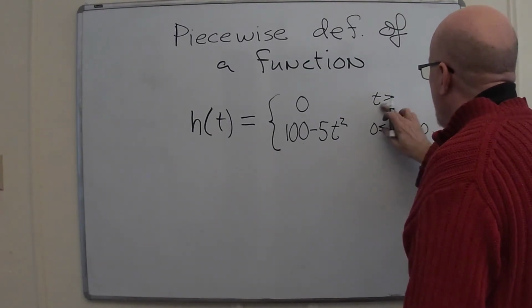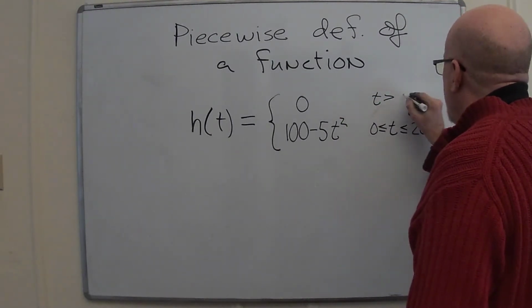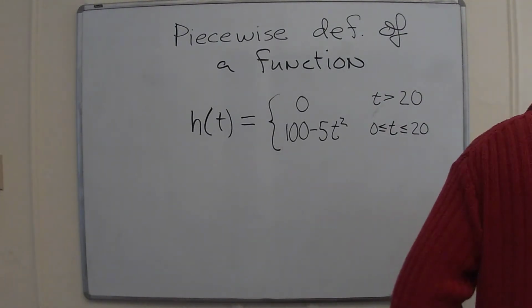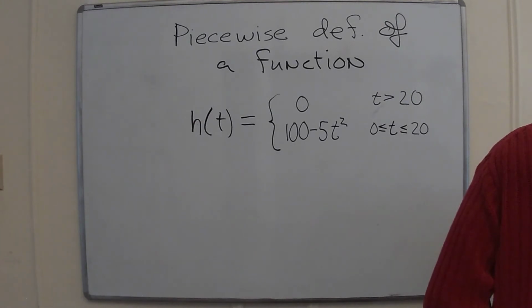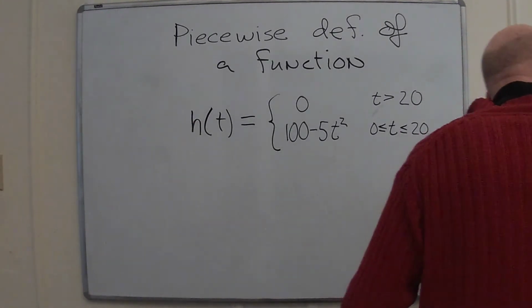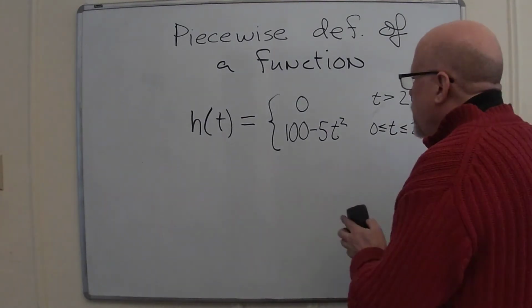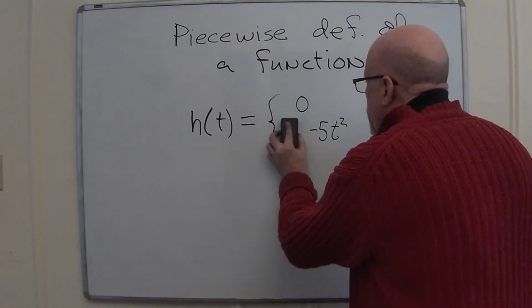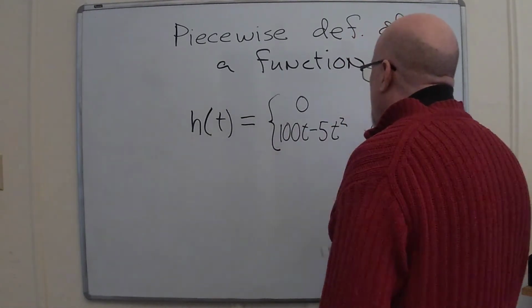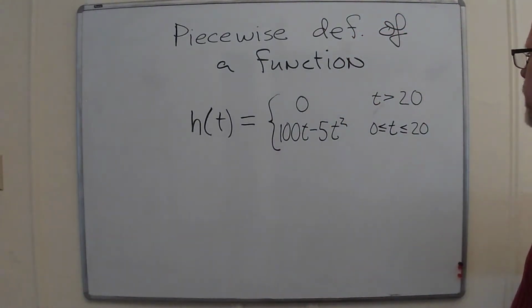Whoops, I guess I have to go strictly greater than 20. I'm sorry, I knew something was wrong with that. I left out a letter. That was supposed to be 100t minus 5t squared. That's better.